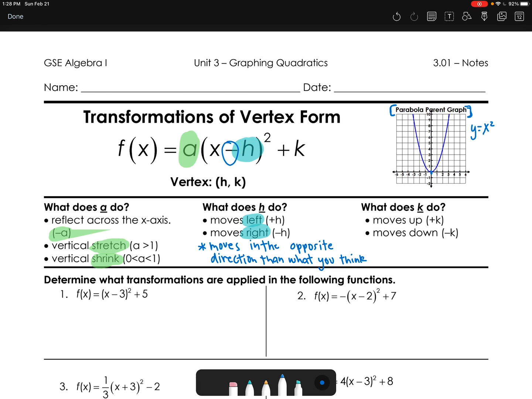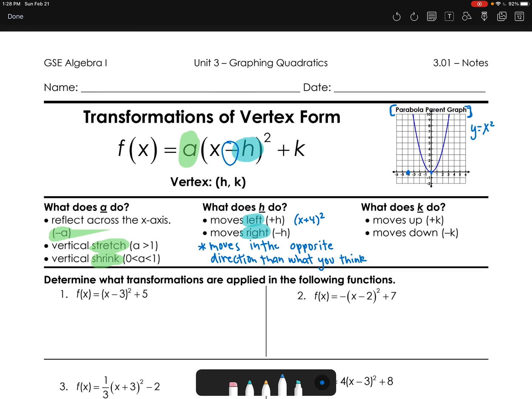So you can see here that this says minus h, right? Minus h tells me that if I had plus h here, like if I had x plus 4 squared, that is going to move my graph to the left. Again, if you saw the Desmos activity in class, I got to show you what this looked like, but it's going to move to the left.